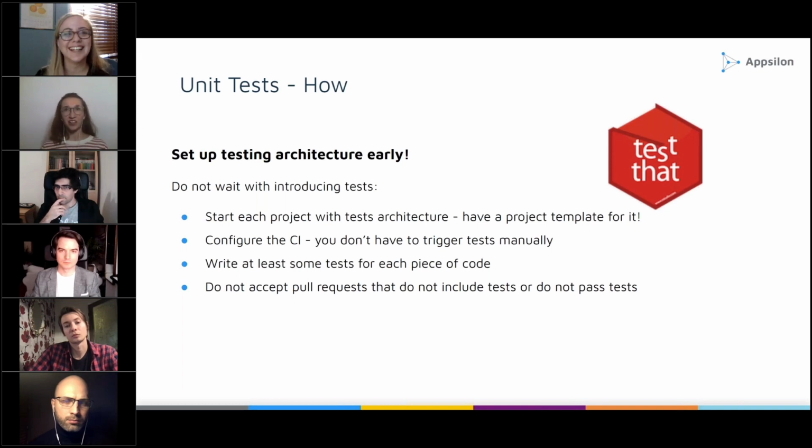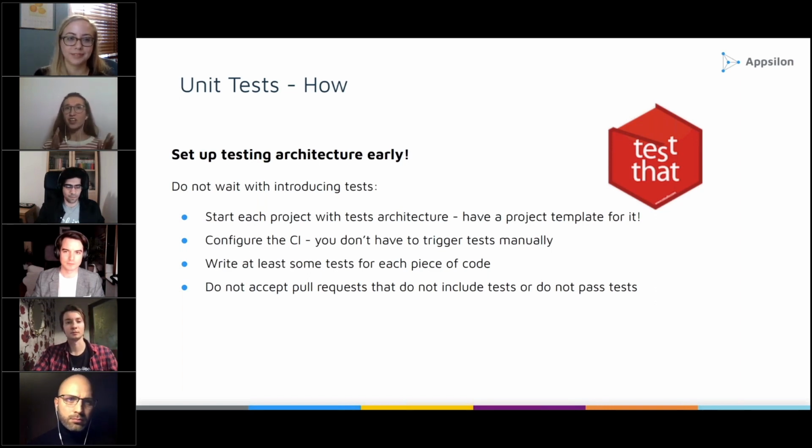But please set up your architecture early and don't make yourself an excuse that you will do it later, because that probably won't happen, because your Shiny application will be awesome and your clients or your business partners would like to move on to something else. So start each project with test architecture. You already know that you can have a project template to set up at the beginning.